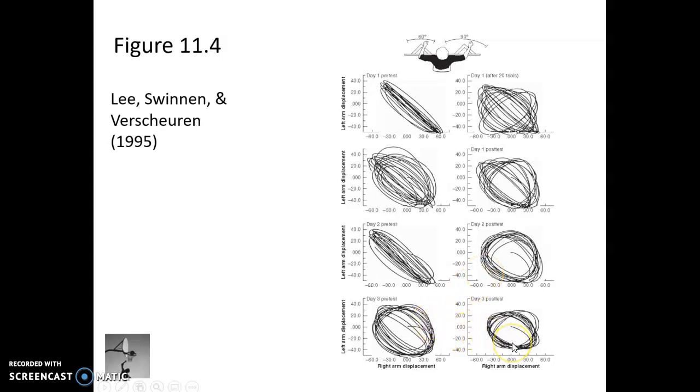And then by the end of day 3, as far as my coordinated movements, I can have pretty good indication of a consistency and a definite improvement from day 1. So that's just an example of how we might measure coordination dynamics as it relates to learning a task.